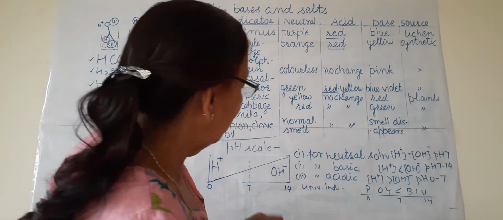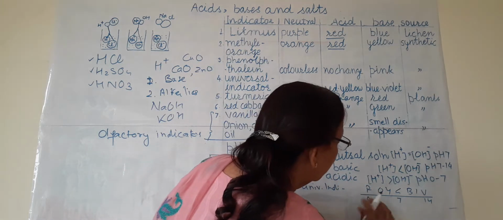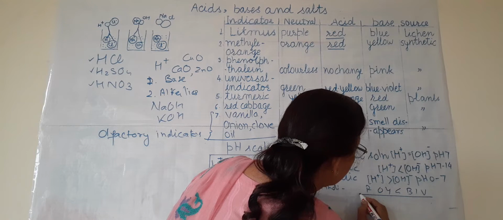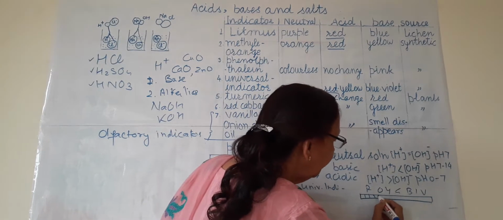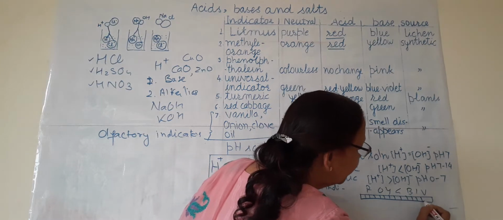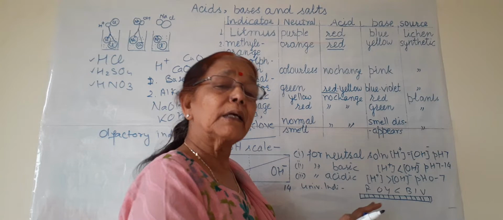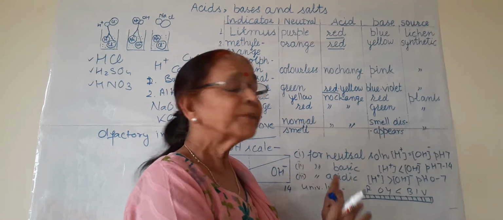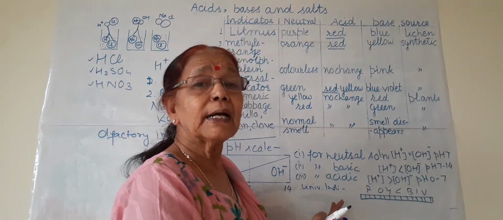So I can tell you, suppose this is, I have drawn here universal indicator. Suppose this is the strip of universal indicator, and we have these different colors on this strip. A color chart, it comes with this universal indicator, and we can tally our color with this color chart.